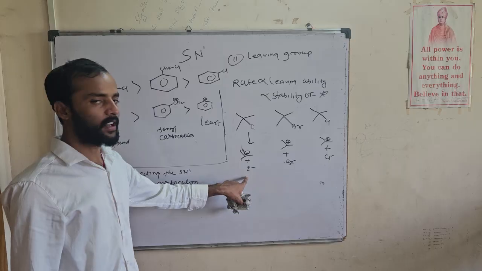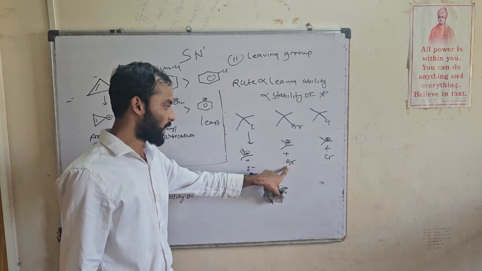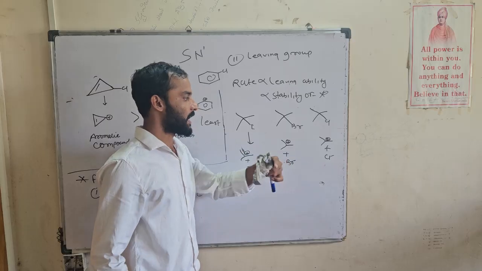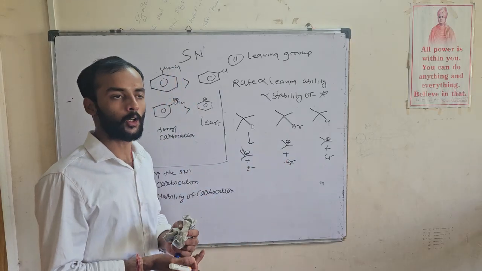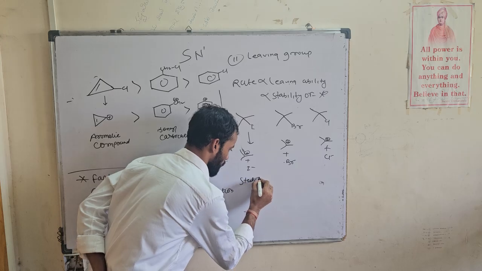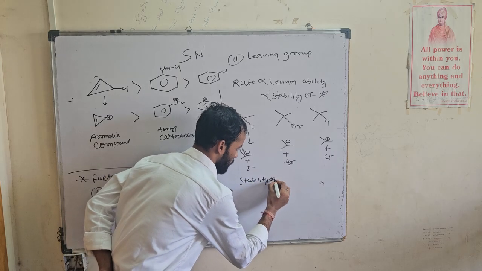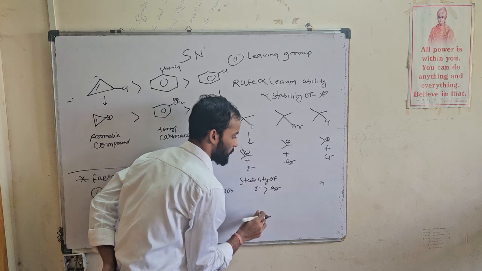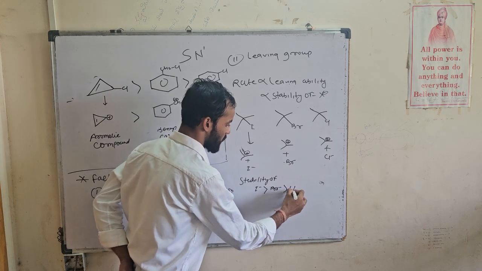We know that the iodide ion is more stable than bromide, and bromide is more stable than chloride, because as size increases, stability increases. So we can write that the stability of I minus is more than Br minus, and Br minus is more stable than Cl minus.